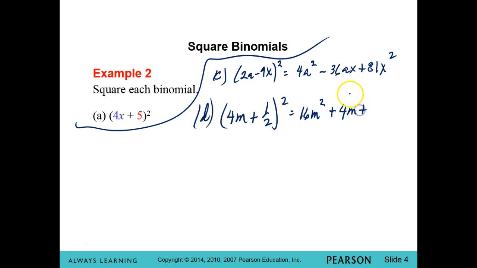Plus. What are we doing to that? Squaring it. And squaring is multiplying it by itself. And what's 1/2 times 1/2?